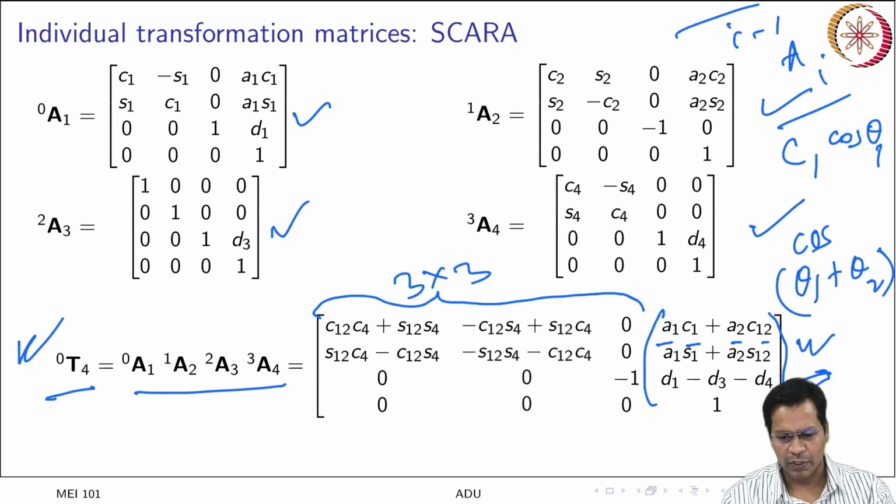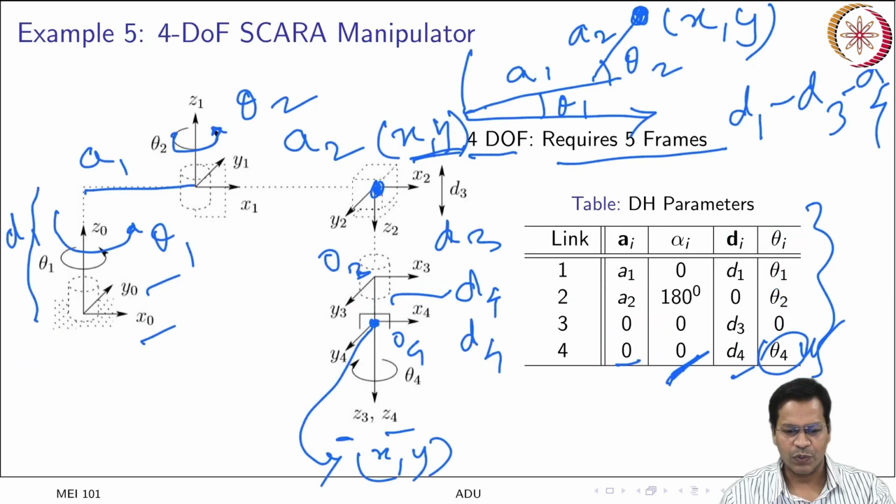We can do the same for the orientation also. It shows the final z axis, z4, is pointing downwards. So you see z4 is pointing downwards.